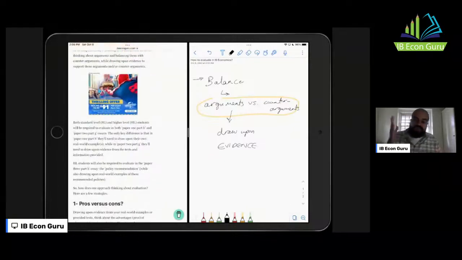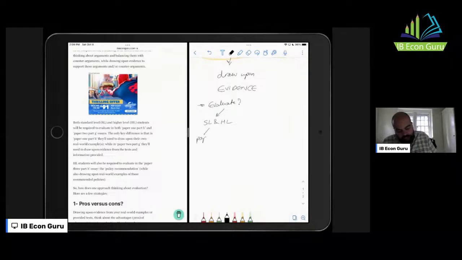So, both standard level and higher level students, where do you evaluate? Where are you required to evaluate? For both SL and HL students, you will evaluate in paper 1, part B, which is the 15-mark question, and you will also be required to evaluate in paper 2, part G, which is also a 15-mark question.